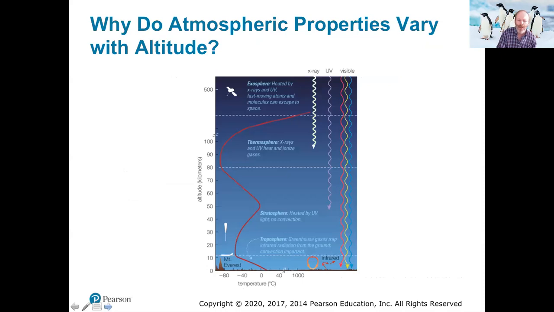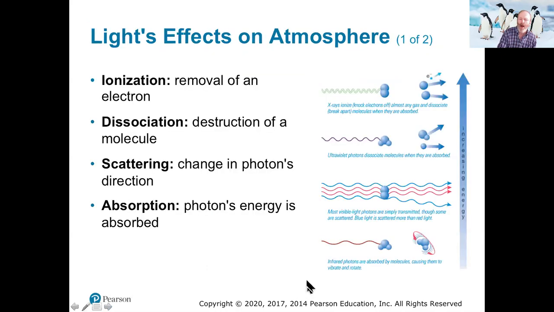Atmospheric properties vary depending upon how high up you go, and how high up you go will change two different things. One, how much sunlight is getting through, because some of it gets blocked before it gets all the way down, as well as how many particles are up there. There are 4 different ways that light interacts with the atmosphere.